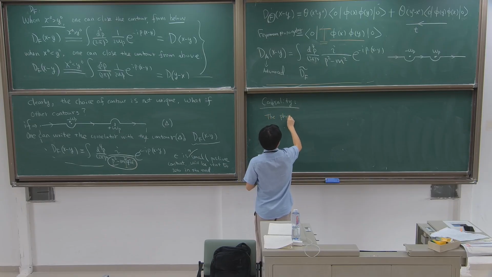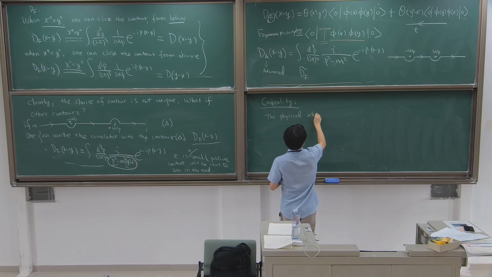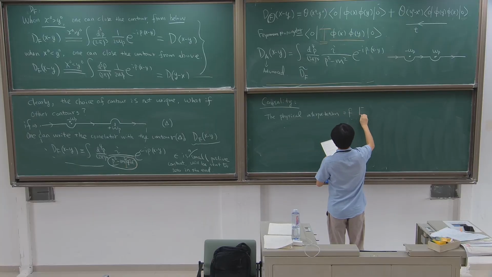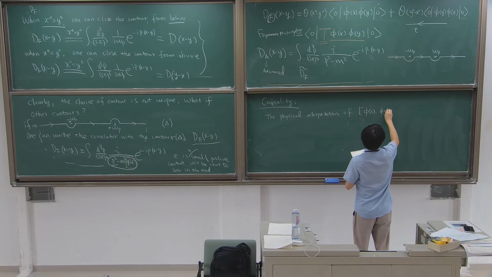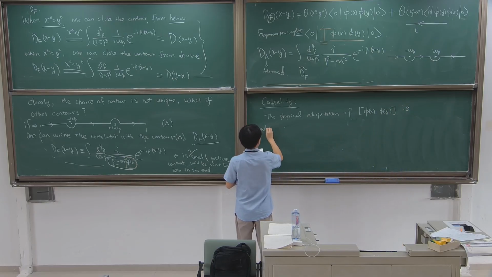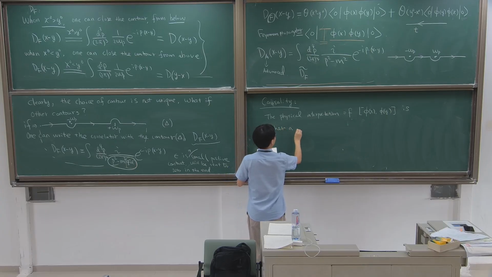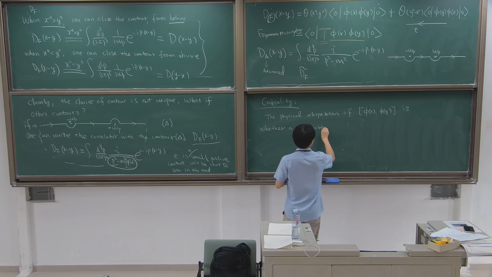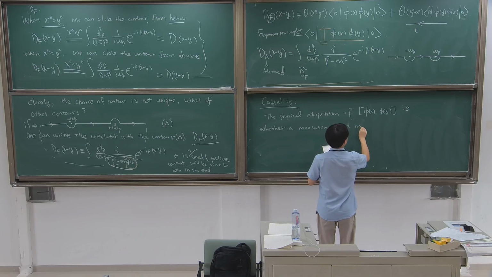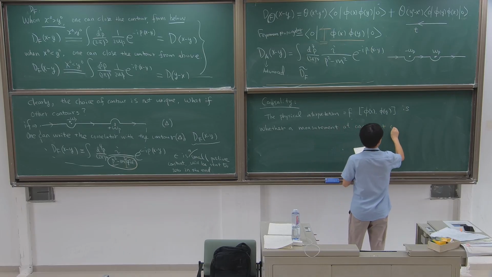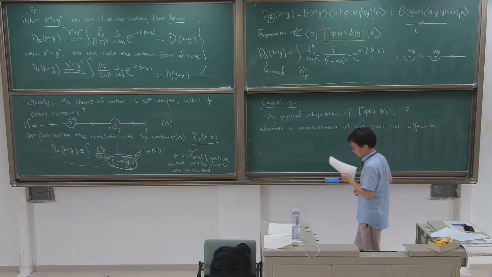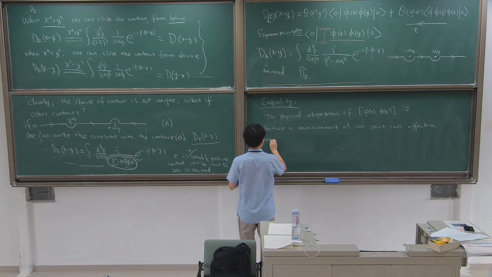The physical interpretation of the commutators, this is about the probability, is given by to detect whether the measurement at one point can affect the measurement at another one.